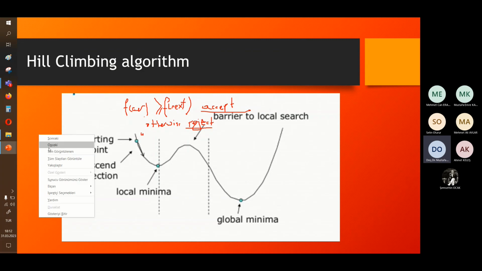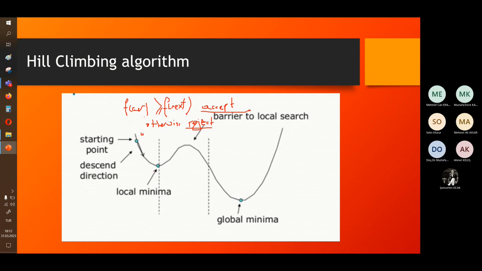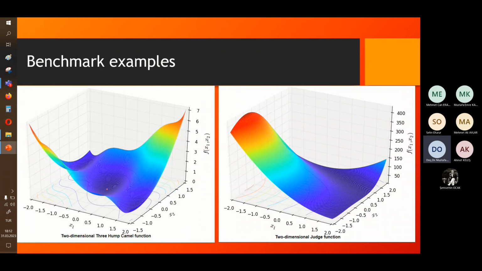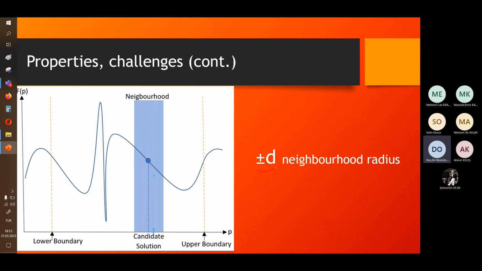But with the daytime students, what I suggested to them was, how about changing the neighborhood size? I mean, if you go back, the neighborhood dimension, where was it? Plus minus the neighborhood radius, if you remember.